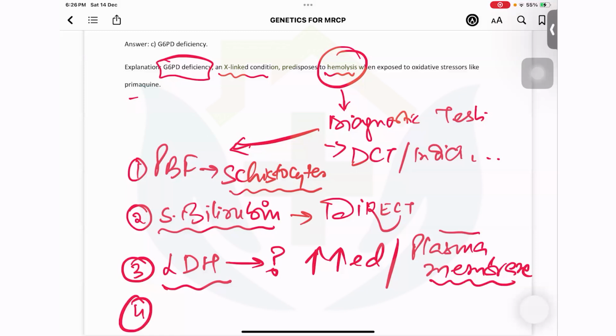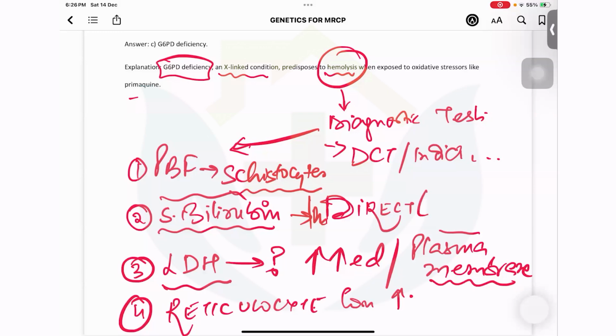Anything else? If RBCs are broken down, how will the bone marrow compensate for the rapid breakdown? Increased reticulocyte count. So we will do a reticulocyte count, which will be increased. Indirect bilirubin will be elevated; direct is after glucuronidation, so indirect hyperbilirubinemia will be there.